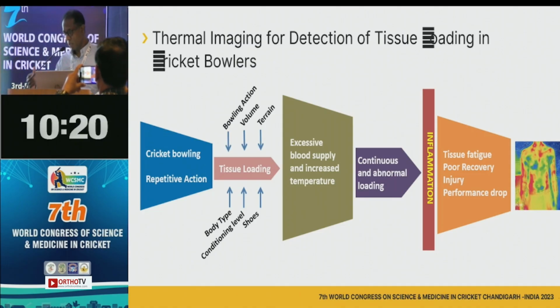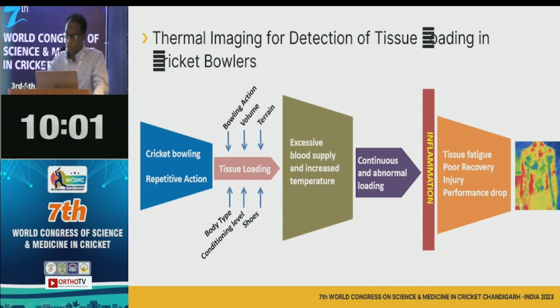This technique is used to capture this very small segment, the inflammation, where we don't have any technique or technology at the moment to capture inflammatory tissues at that particular time.